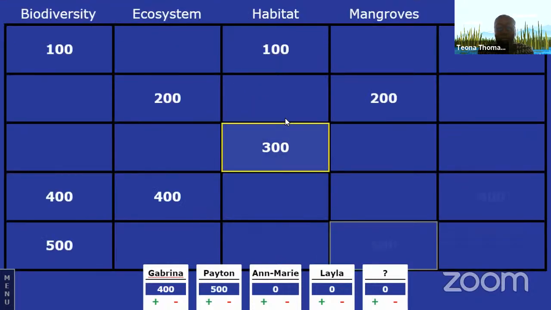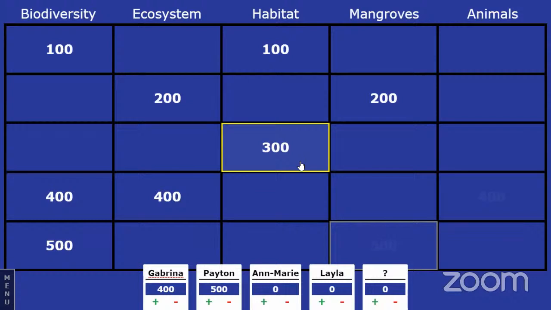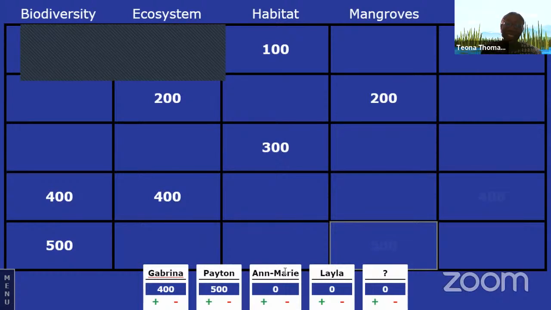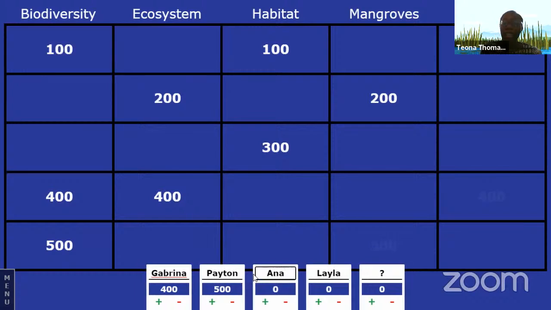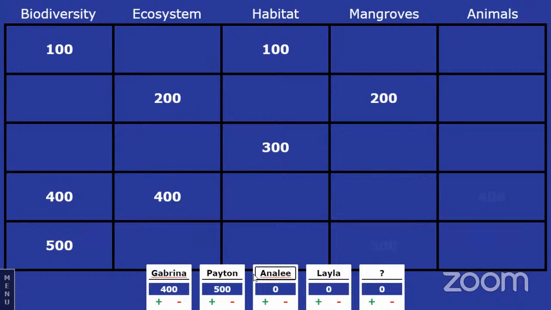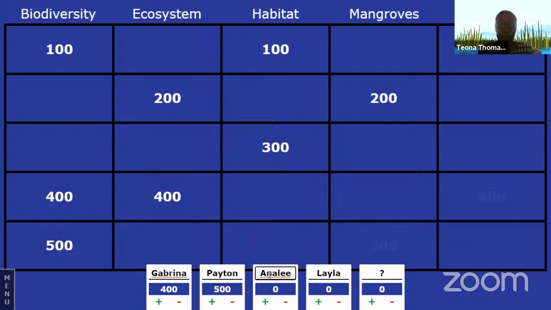Okay, awesome. So we have Anne-Marie, is that it? Annalie. Right, Annalie, sorry. Which of the words would you like to select, Annalie? Okay, biodiversity for 500 points.